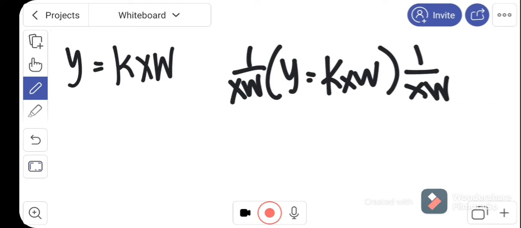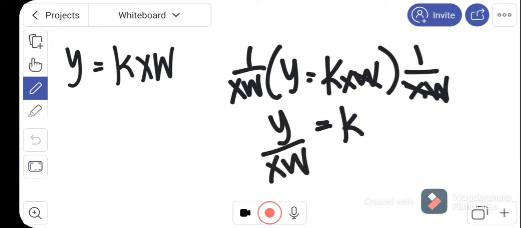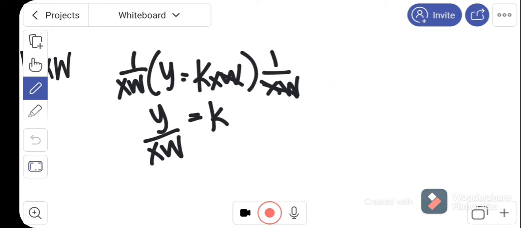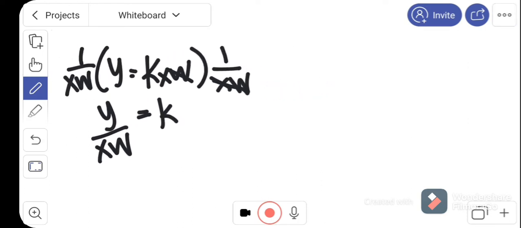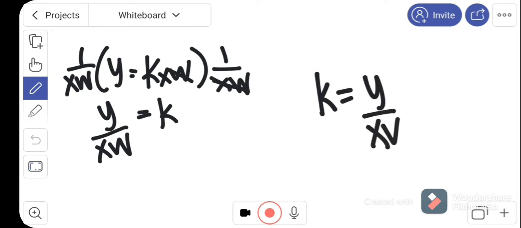We multiply kxw times 1 over xw, and xw over xw is equal to 1. Then we'll have in the numerator 1 times k is equal to k, and on the left side we'll have y over xw. This is just the same if we rewrite it as k is equal to y over xw.